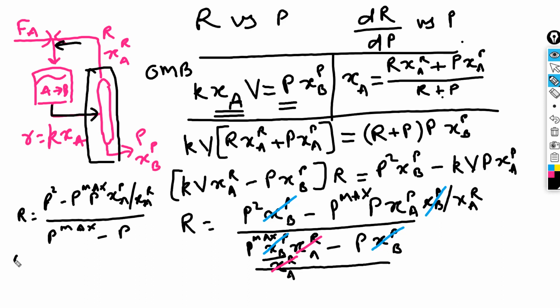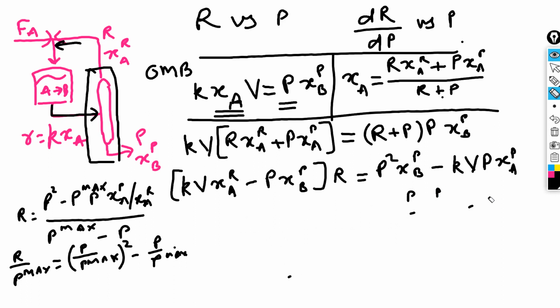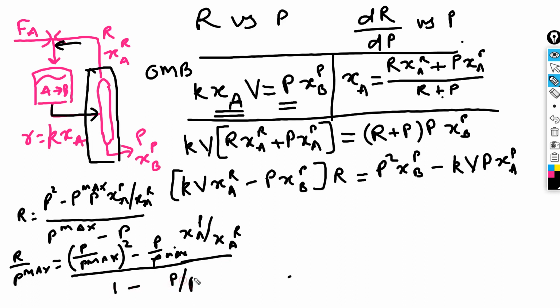So what you will get then is R by P max is equal to P by P max whole square minus P by P max into XAP by XAR, divided by 1 minus P by P max.